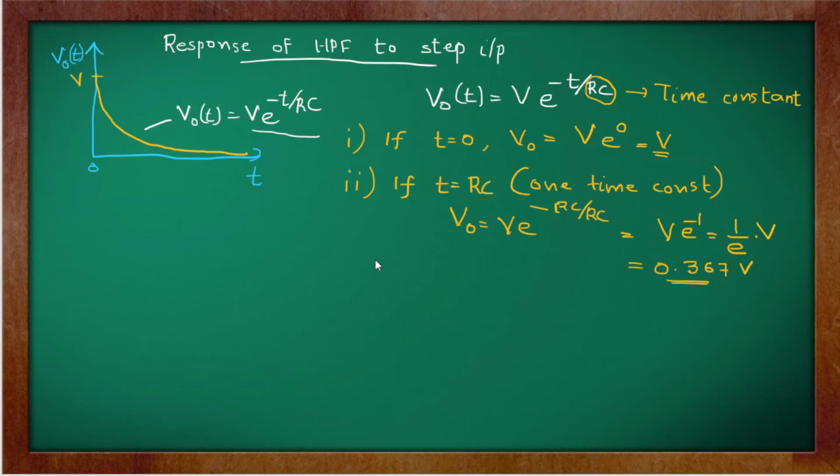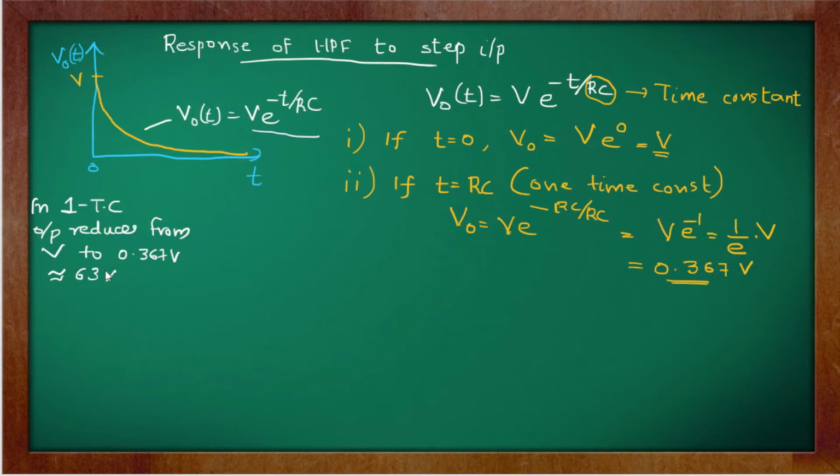So in one time constant duration, the output reduces from V to 0.367 V. Agreed? 0.367 is approximately equal to 0.37.